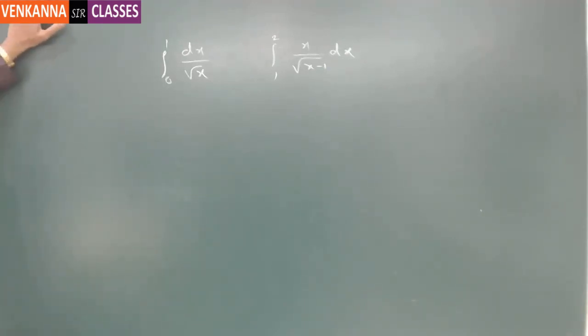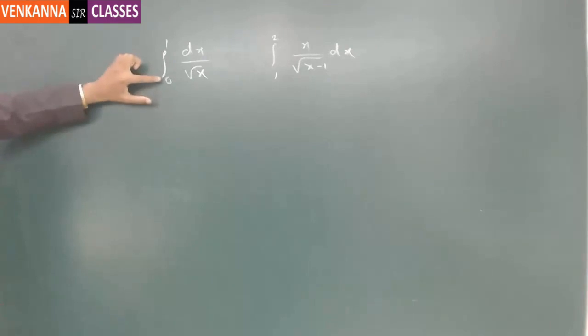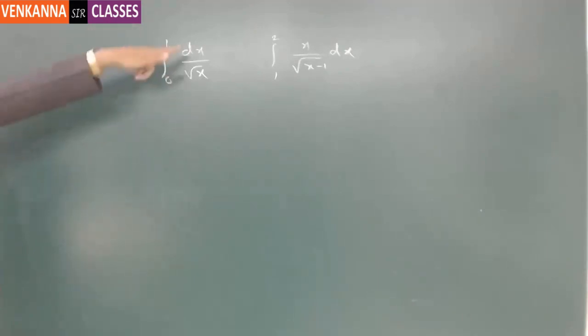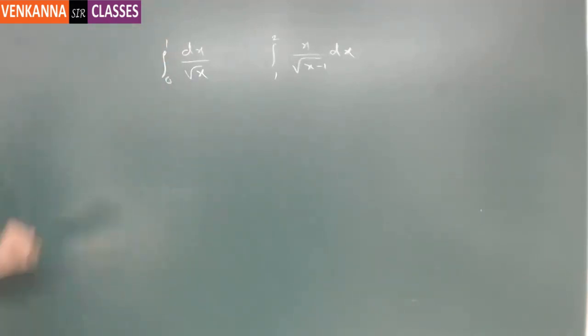So if you observe that whenever the interval is finite, here the first point or the last point, sometimes both, will be the points of discontinuity. So in majority of the cases, either the lower limit or upper limit in the integral will be the point of discontinuity.